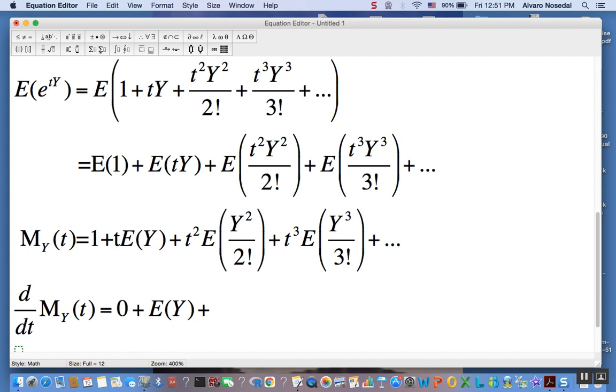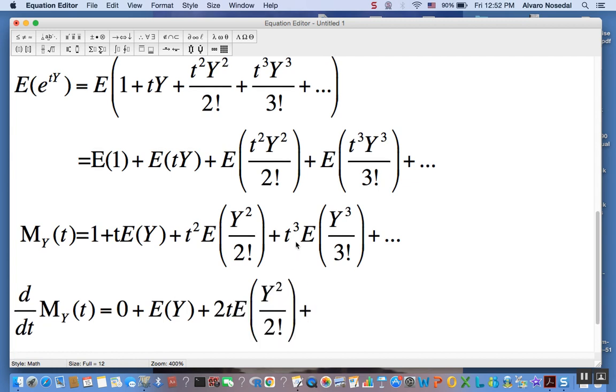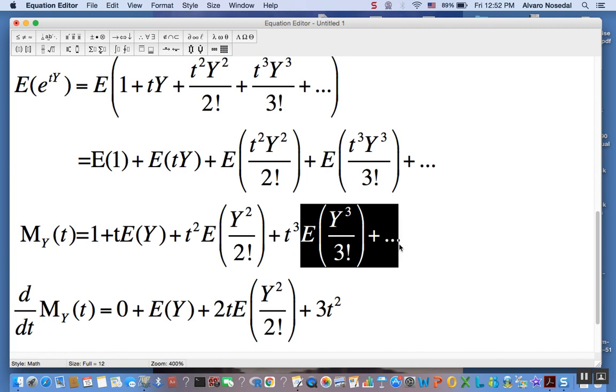Next one: derivative of t squared is just 2 times t times this guy. And the derivative of t cubed is 3 times t squared times this, because with respect to t, that is just a constant.